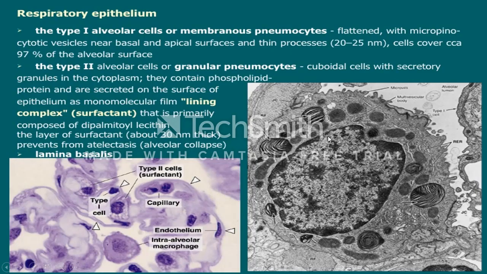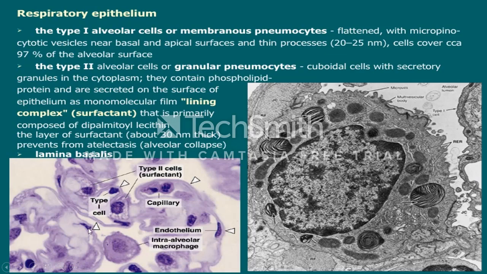This is pneumocyte 2, with a circular nucleus and lamellar body. The cell secretes surfactant only. And this light microscope shows type 2 and type 1. This is type 1. This is type 3. Type 3 is a macrophage cell. It's a lung macrophage, or pneumocyte 3.